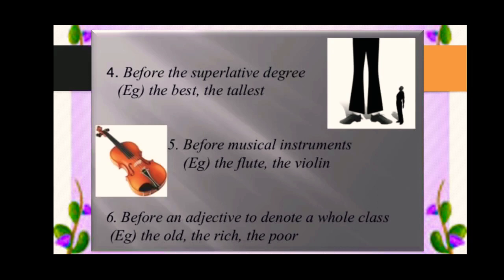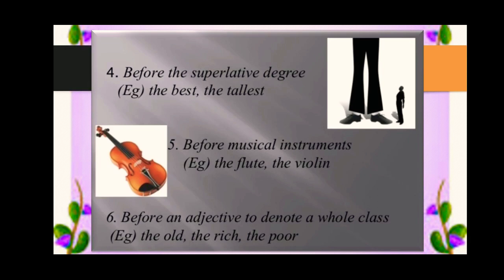The next rule is before an adjective that denotes a whole class. I'll simplify it. Whenever a singular noun represents its whole class or community, we will use the with it. Example: the old, the rich, the poor.